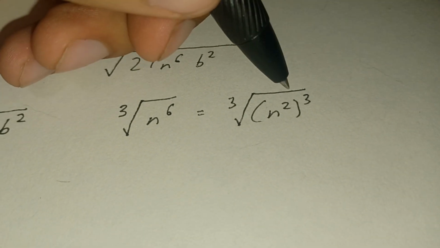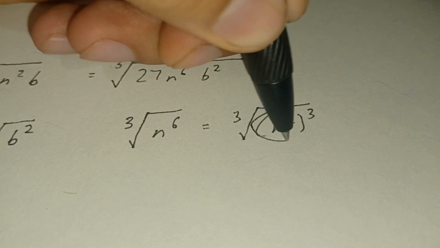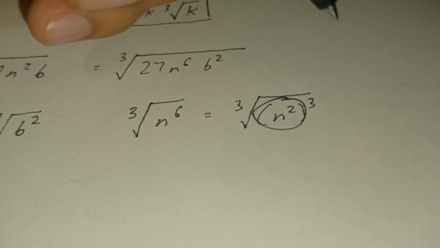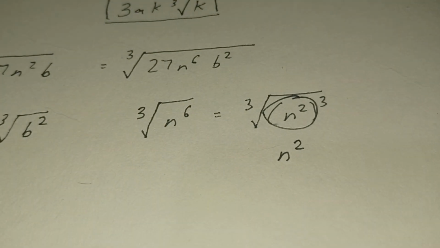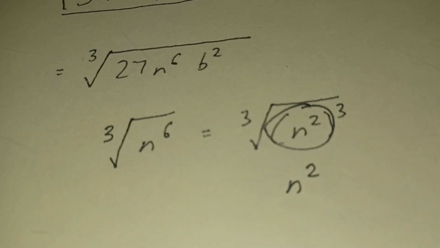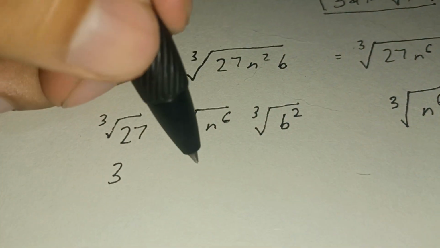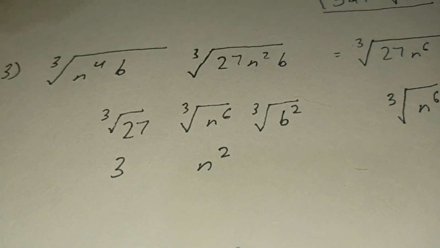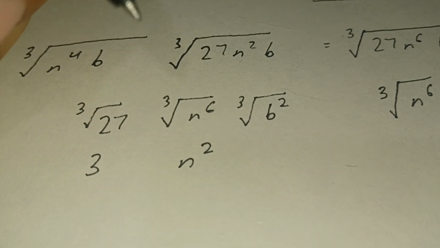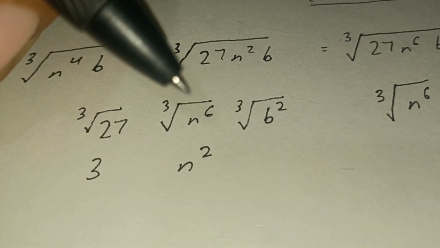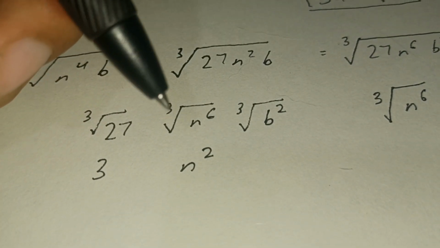So there's a 3 here and a 3 there. That means it's going to be equal to the value inside the cube root, which is going to be n squared. So n squared. All right. So now we have n squared for this one. On this one, there's really no way to simplify it any further right now, so we're just going to leave it as is.